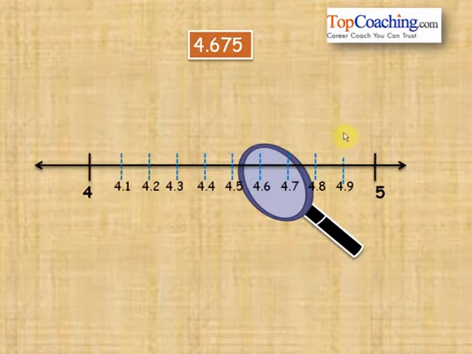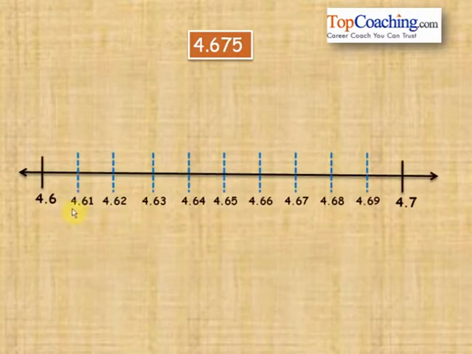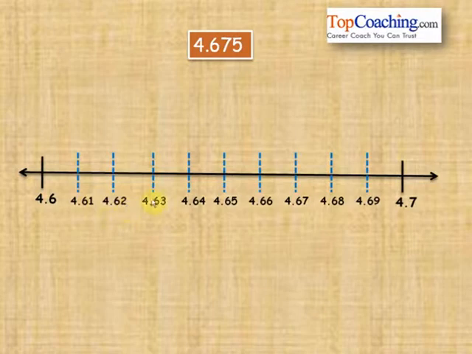Now again we consider this space as 4.6 and 4.7 and divide this entire segment into 10 equal parts. So this would represent 4.61, 4.62, 4.63, 4.64, 4.65, 4.66, 4.67, 4.68, 4.69 and finally 4.7.